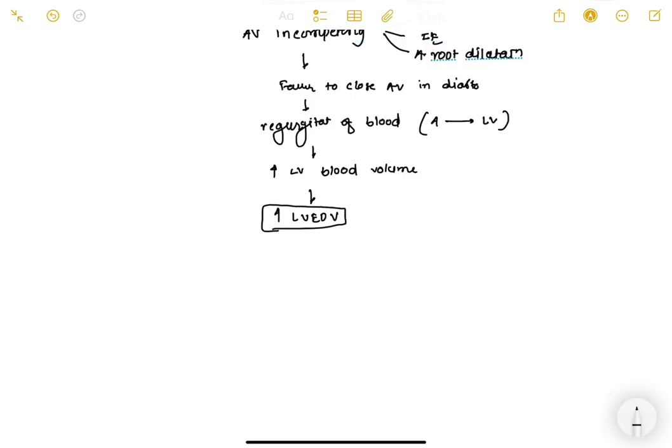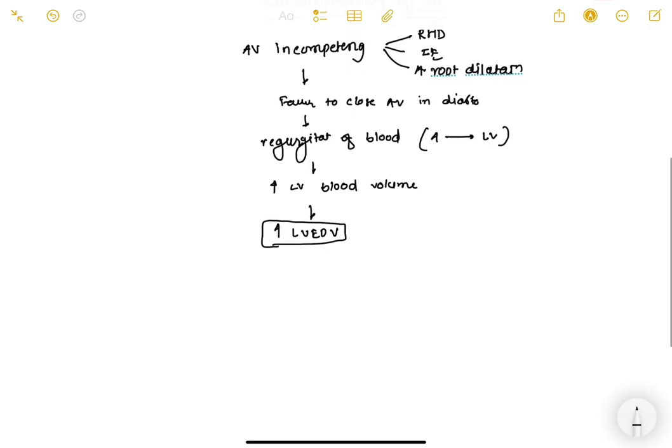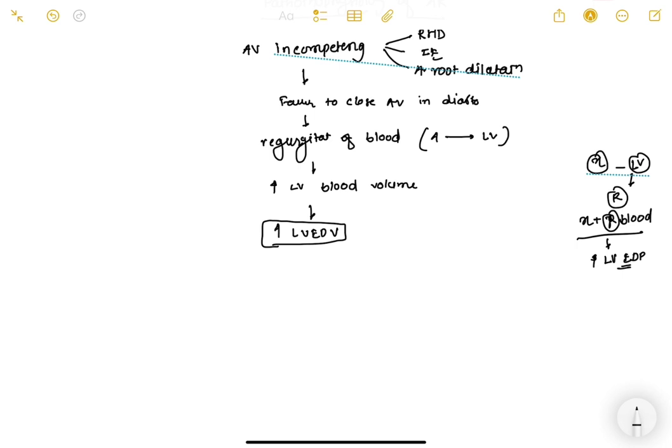This is the keyword. You have to remember that there is an increase in left ventricular end diastolic volume. Suppose X amount of blood has to be there in the LV, but due to regurgitation, there is X plus regurgitated blood. So at the end, there is increased left ventricular end diastolic pressure. That is, at the end of diastole, there is more blood than expected.